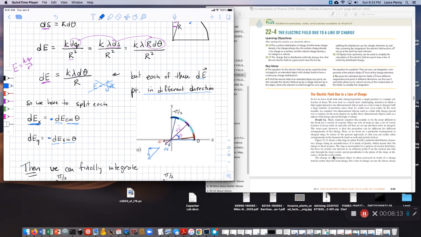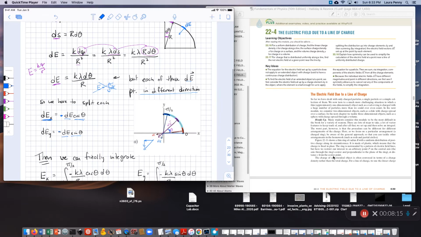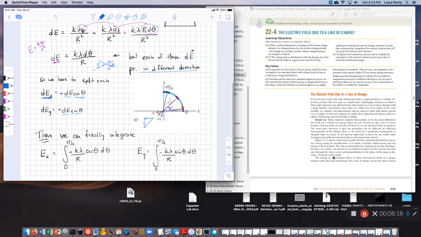Now I have a dEx and a dEy, and I can integrate them. So here my E sub x is the integral of dEx, and my E sub y is the integral of dEy. That's what I'm doing here. So I had to make these things. I had to sit there and ask, what are these?